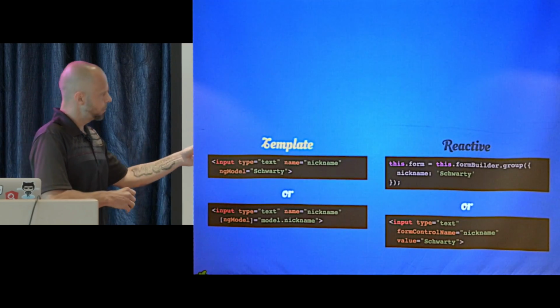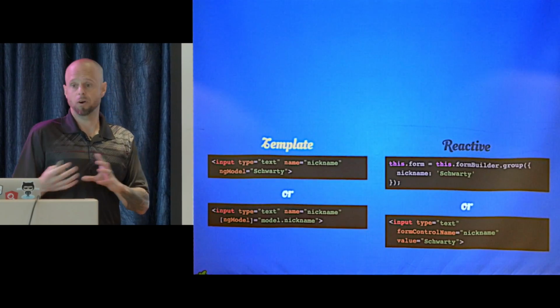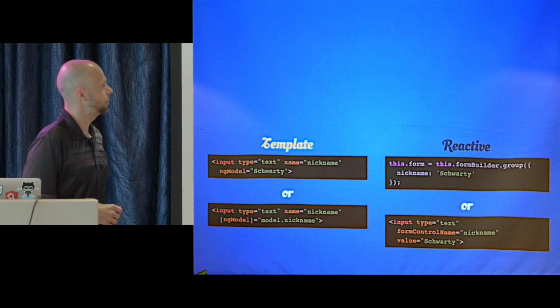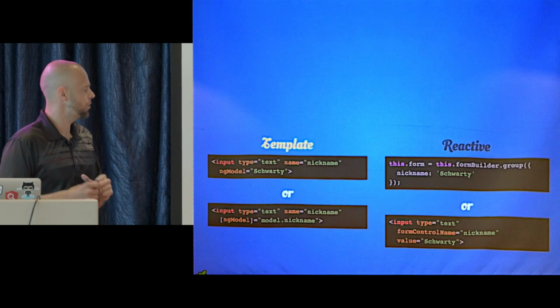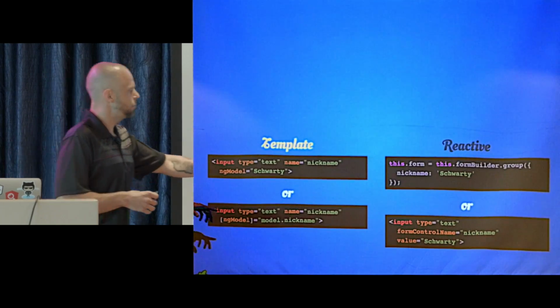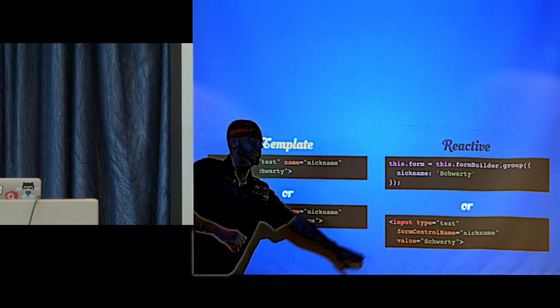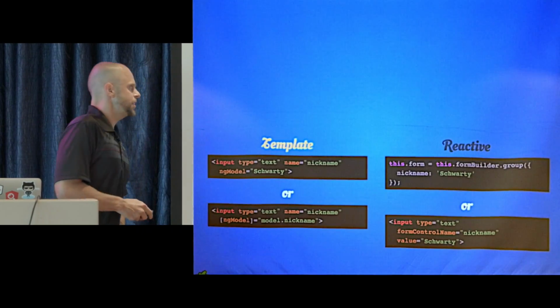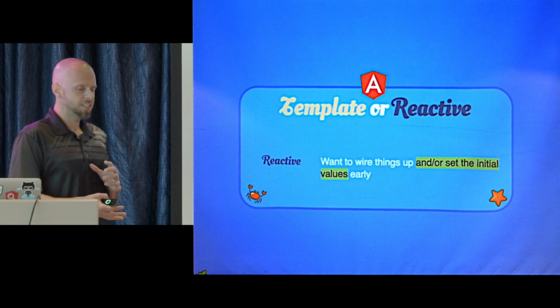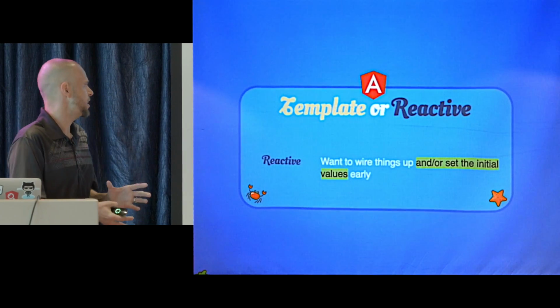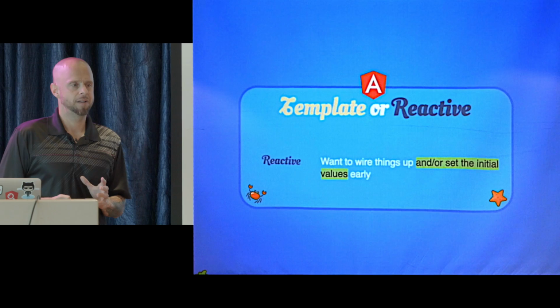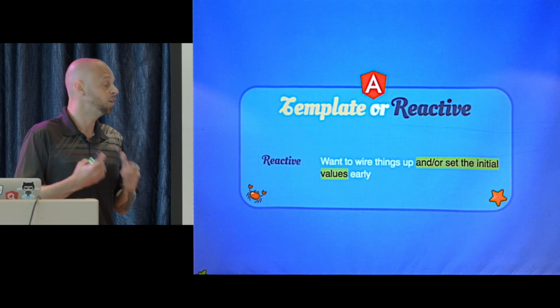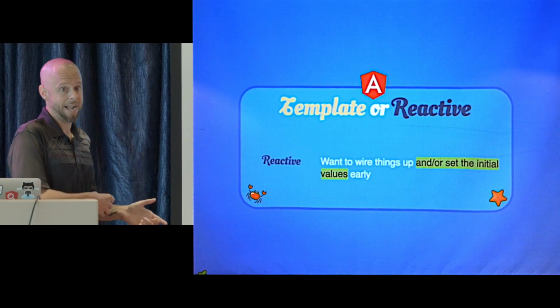But with reactive forms, we can do that either in the component class or wherever we created that group and those controls, or we can do it in the template through a value property binding. So let's actually update our existing list of decision makers and say if we want to wire things up and/or set the initial value early on, we want to use reactive.